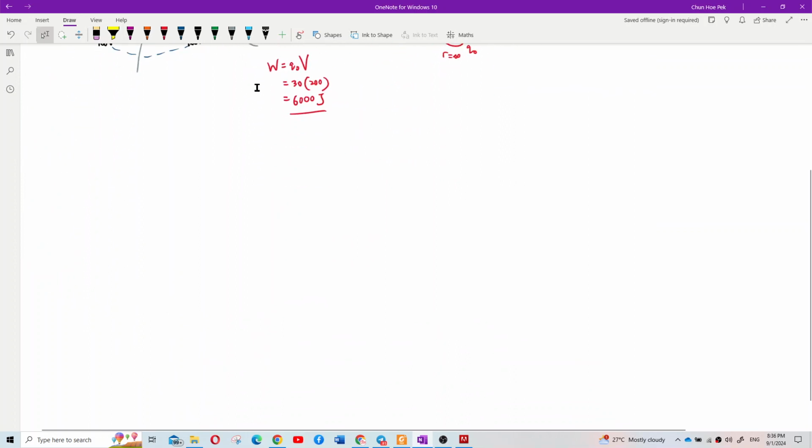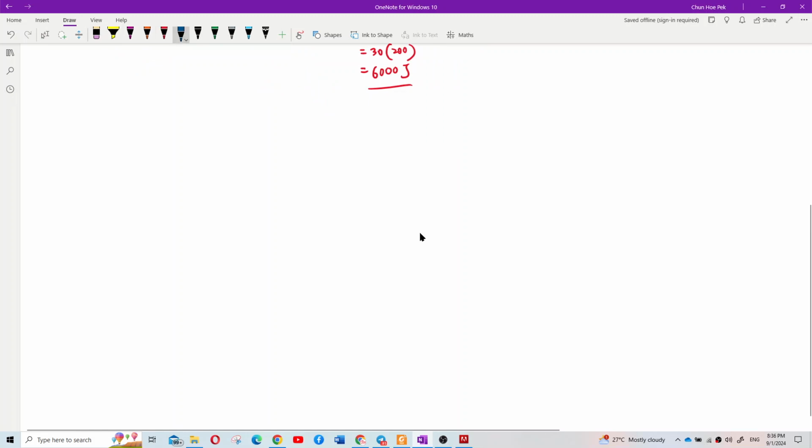So what have you learned? You have learned about electrostatic force, or we just say electric force. Electrostatic force is electric force, Fe. The formula is KQQ over R square.